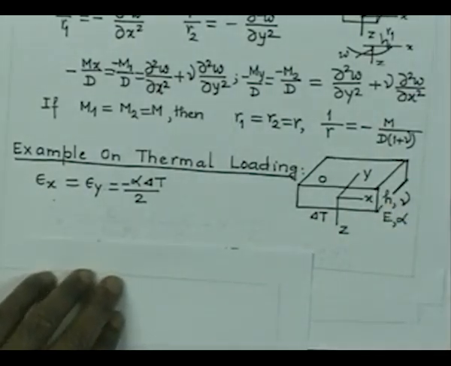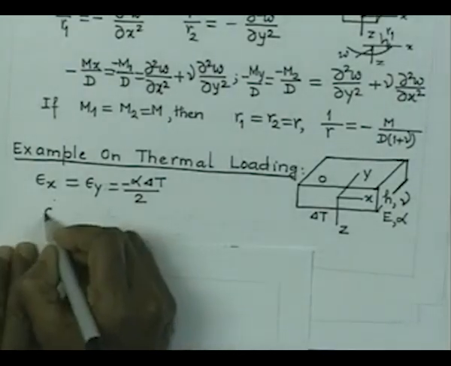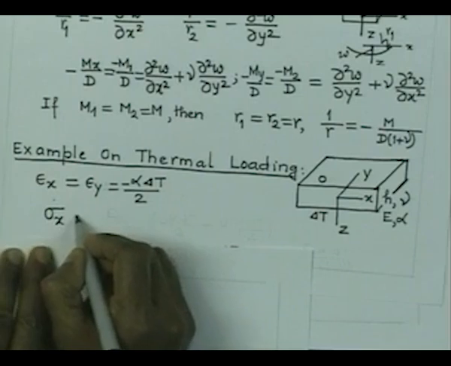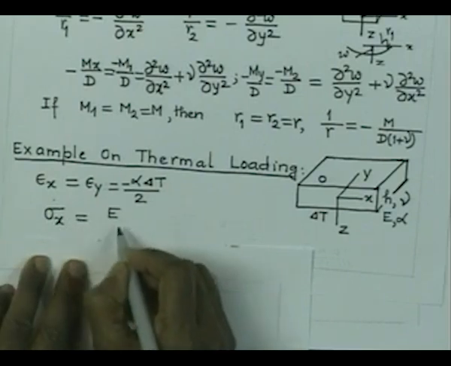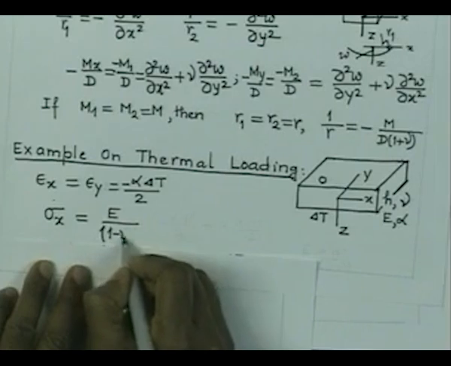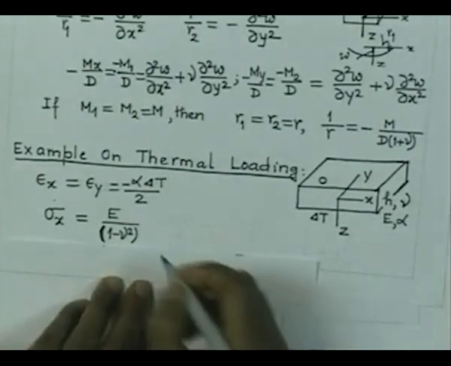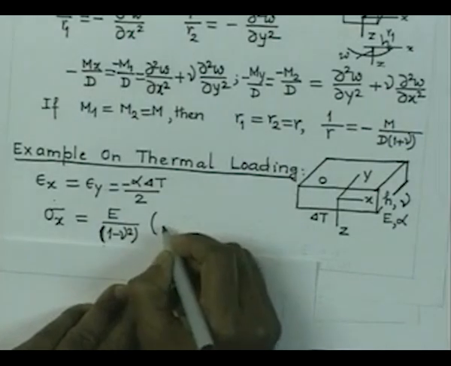Now, from the relationship that we have got, sigma x is nothing but E by 1 minus nu square into epsilon x plus nu epsilon y.